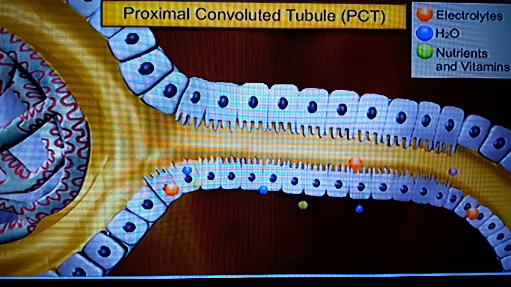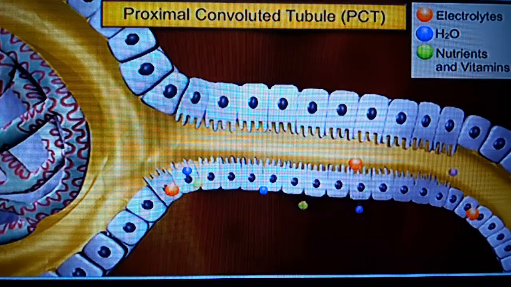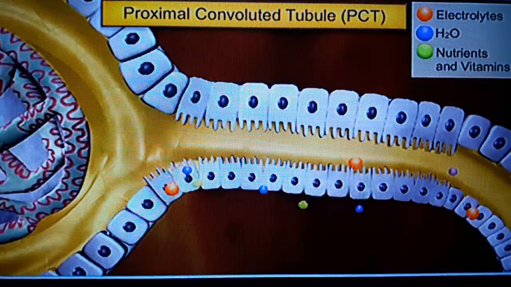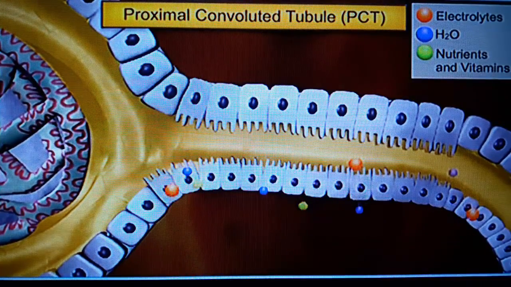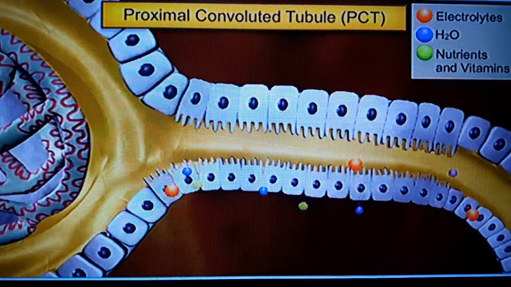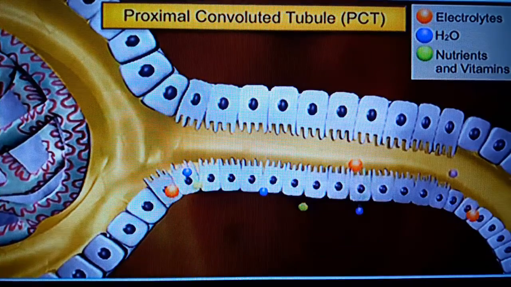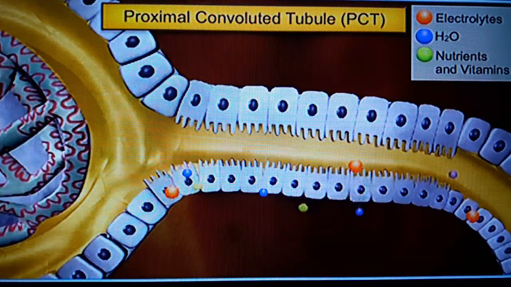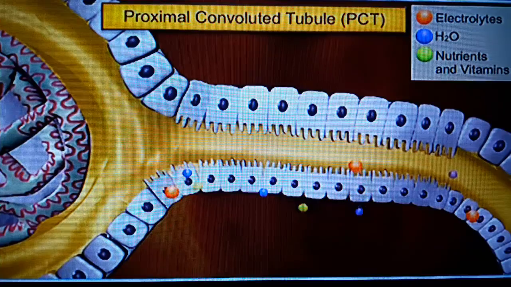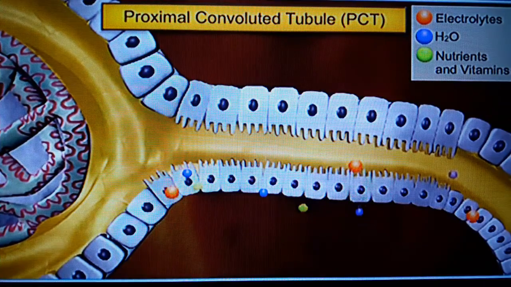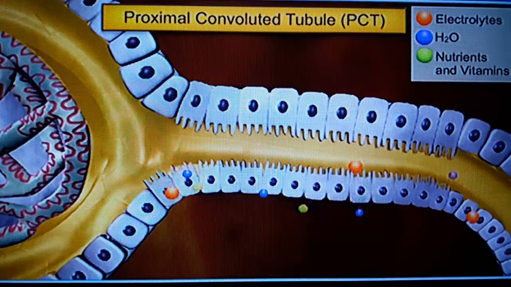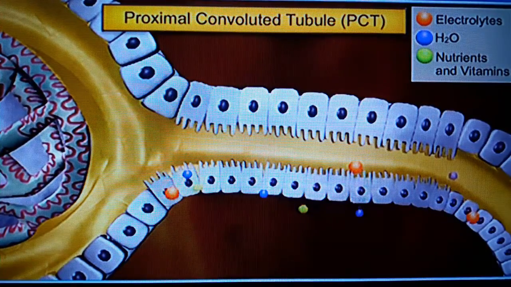So obviously the remaining 99% is reabsorbed by the nephron tubules. In other terms, out of 125 ml of glomerular filtrate per minute, about 124 ml is reabsorbed and only 1 ml is put out as urine.